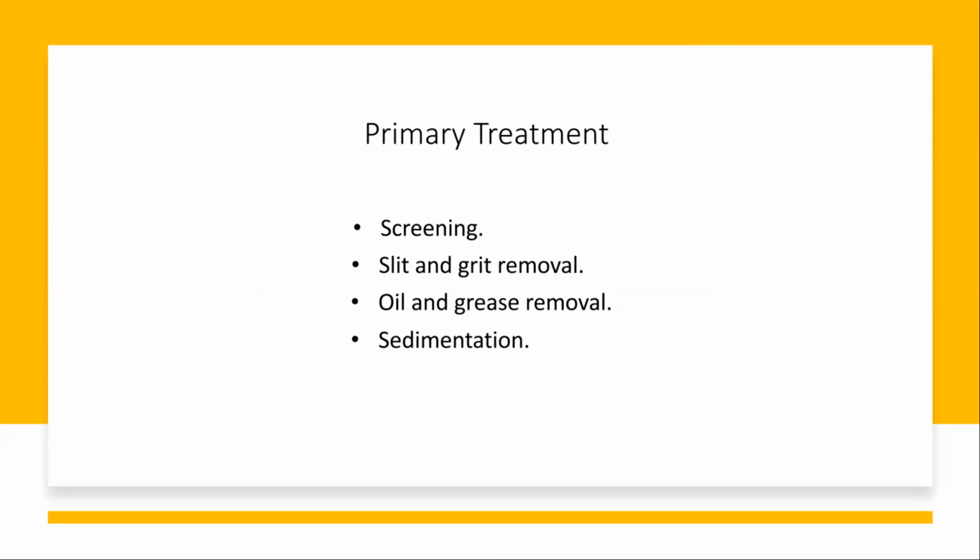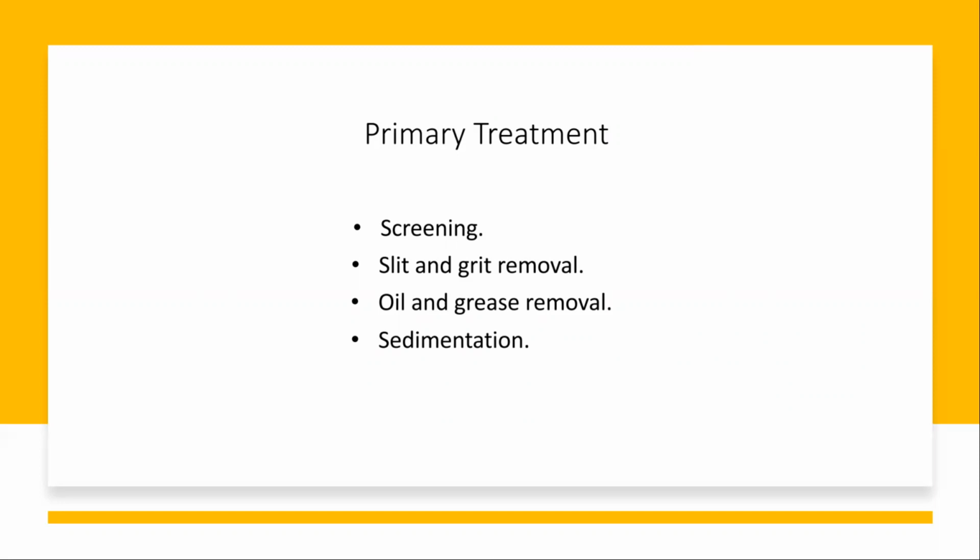The primary treatment has four steps: screening, silt and grit removal, oil and grease removal, and sedimentation. So first, let us know what is screening. The sewage, which consists of suspended and floating solids and oil and grease, can all be removed by the primary or mechanical treatment.